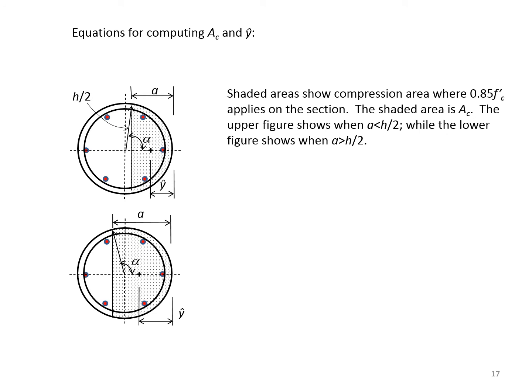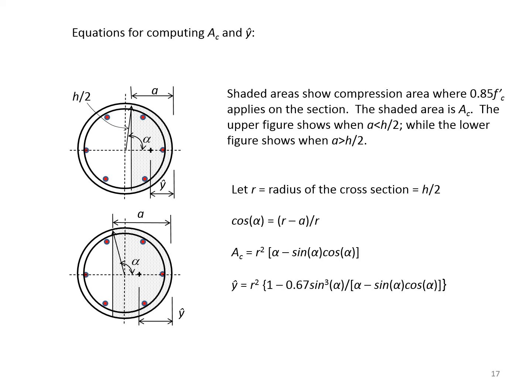The equations for computing A sub c and y bar are given in here. Shaded areas show compression area where 0.85 f prime sub c applies on the section. The shaded area is A sub c. The upper figure shows when a is smaller than h over 2, while the lower figure shows when a is larger than h over 2.